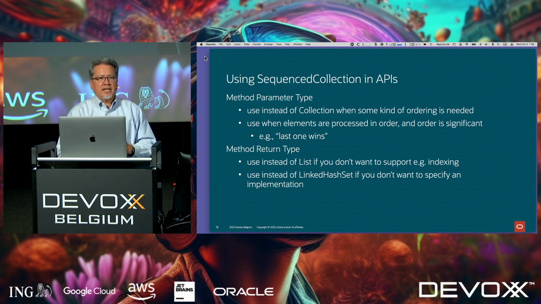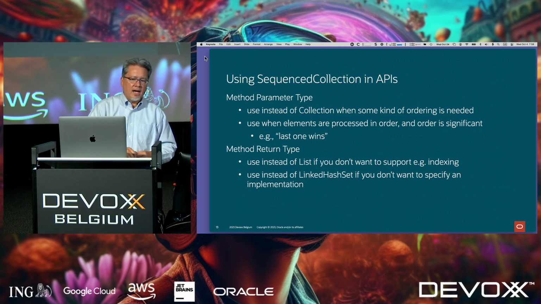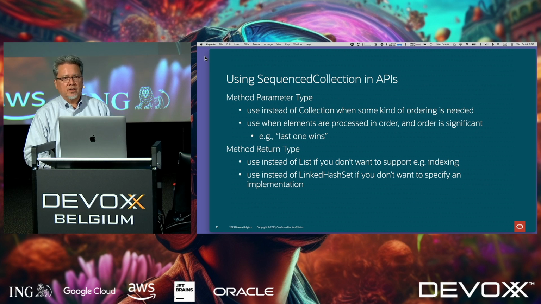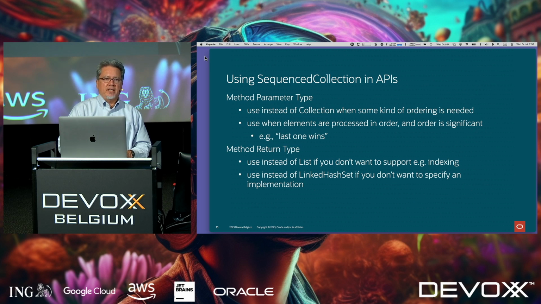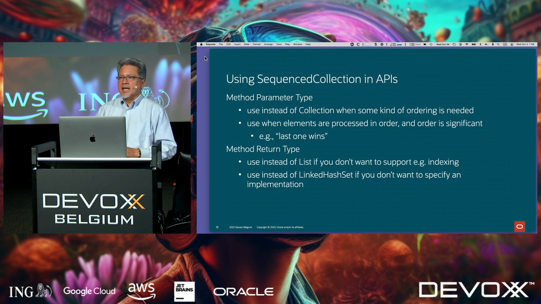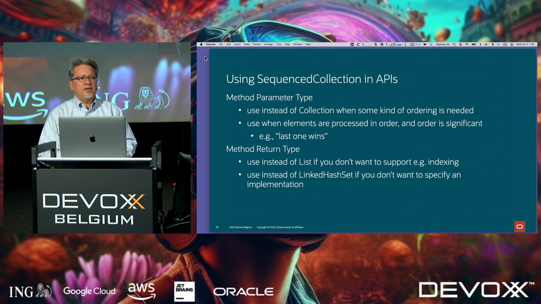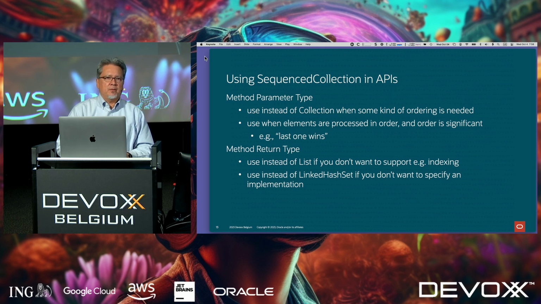So if you use the sequenced collection instead, then what that does is it constrains the caller to provide collections that in fact do have a defined encounter order. Now the caller still has to make sure they're in the right order, but that's an important piece of semantic information you convey in your API. Now, if you're returning a collection that has a significant encounter order, then there's this question of what return type you would use prior to sequenced collection. You could put things into a list, and a list is clearly ordered, and it's certainly useful to pass those around.